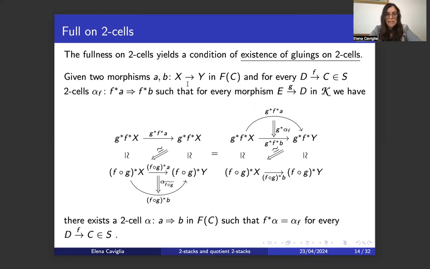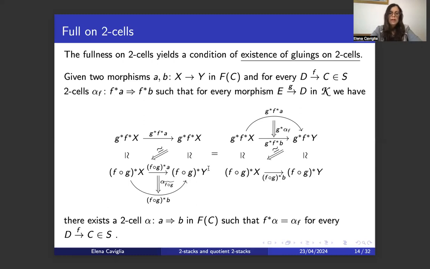If we have two morphisms, A and B from X to Y in F of C, and then we assign to every morphism f in S a 2-cell, alpha f, from f star of A to f star of B, and we assign this bunch of 2-cells in a compatible way that is shown by this equality of 2-cells, then there exists a 2-cell alpha from A to B that recovers locally all the alpha f. So f star of alpha is alpha f for every f.